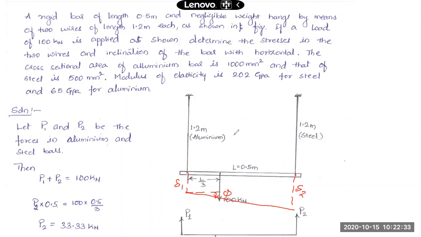If I am able to find these two, I can easily find this inclination, because this length is known to me. It is 0.5 meter, the adjacent side, and here I can find the height of the triangle, delta 2 minus delta 1. So I can express that in terms of a tan relation later. So what will be delta 1 and delta 2? First we need to find those two. Can you determine that?